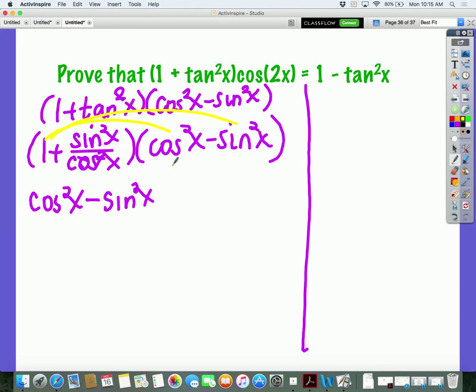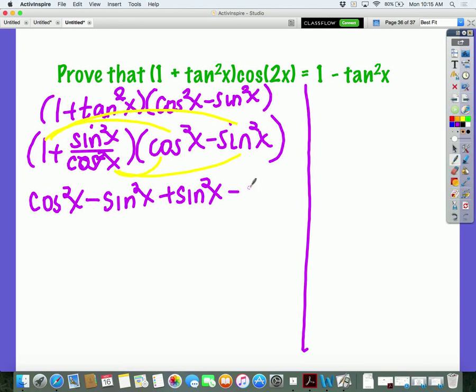When I multiply sine squared x over cosine squared x by cosine squared x, what happens? Sine squared x. Those cosine squared x's cancel out, leaving you with just a sine squared x. Does everybody see that? Yes. And what about the last?